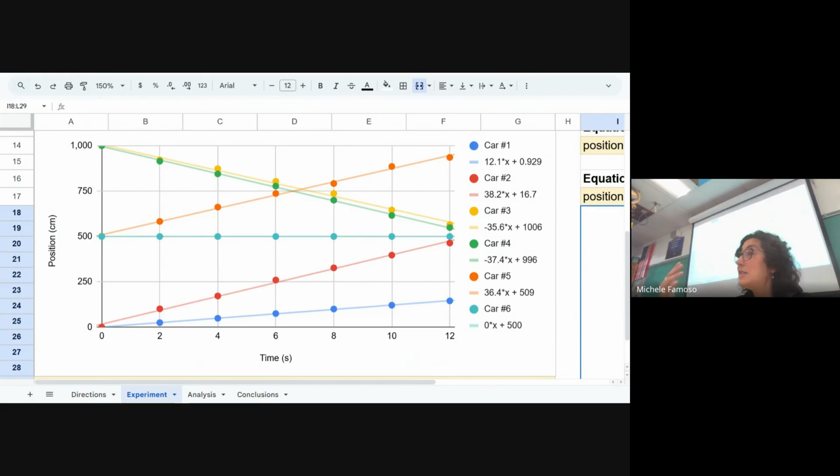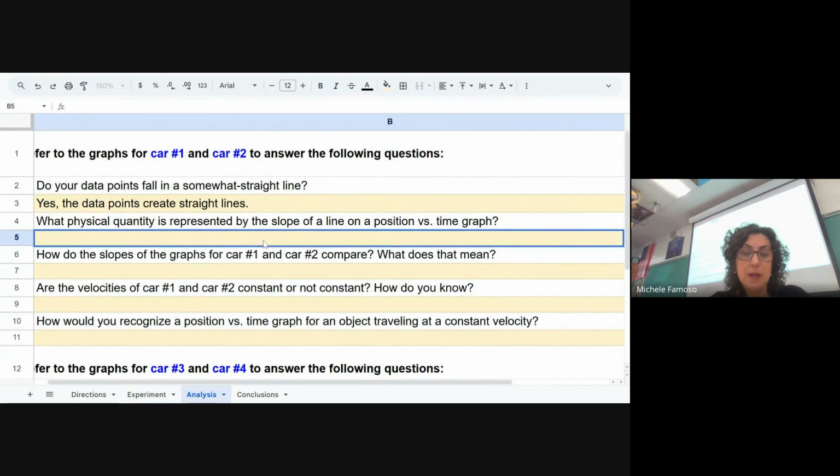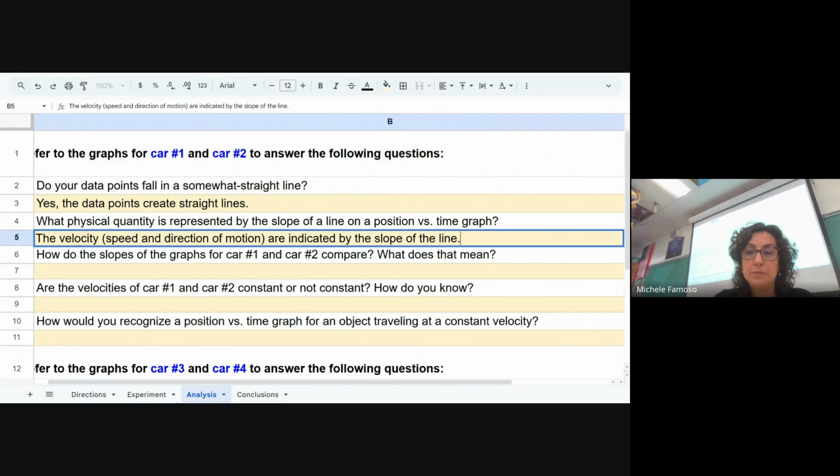It's slope. It's steeper, okay? So the slope is giving us something called the velocity. So the velocity, which means the speed and the direction of motion, are indicated by the slope of the line.